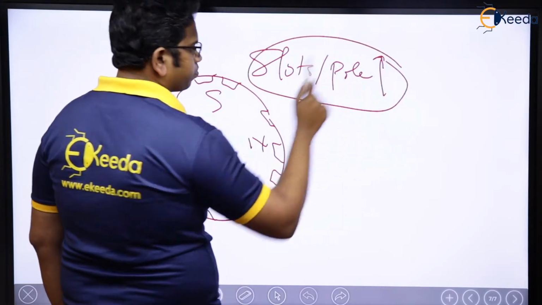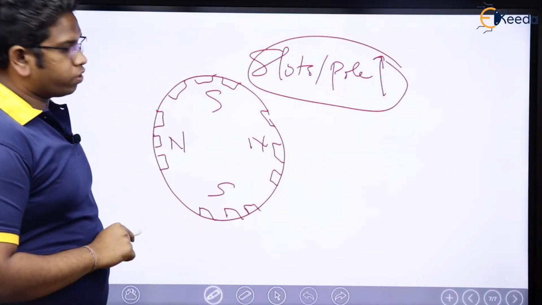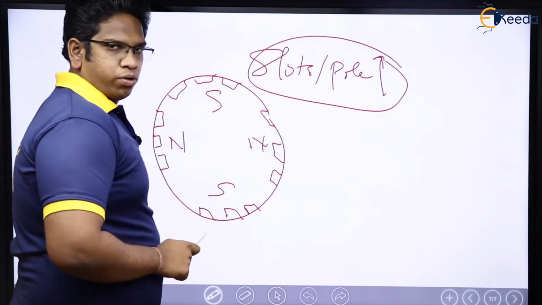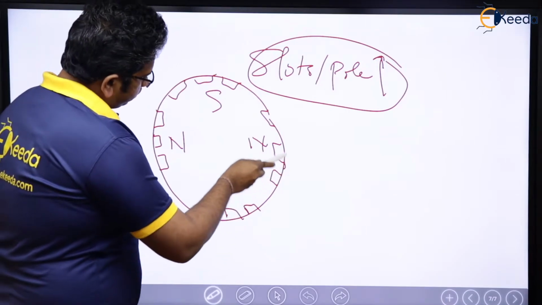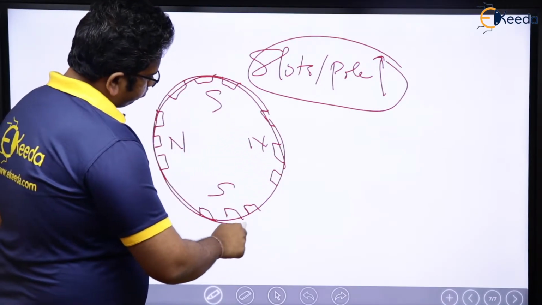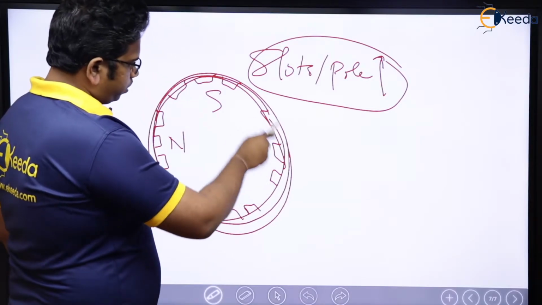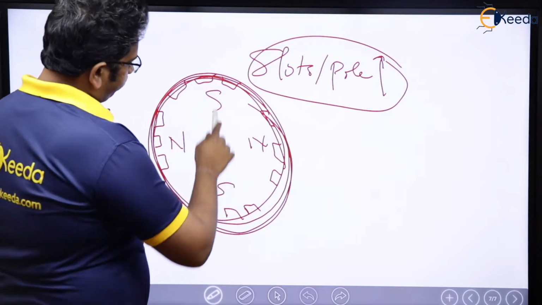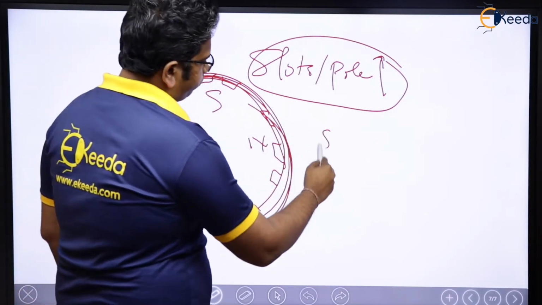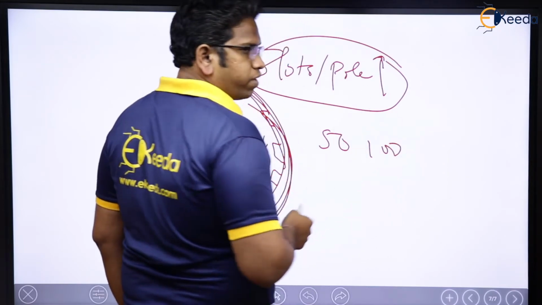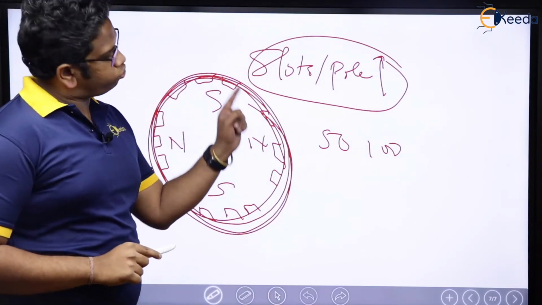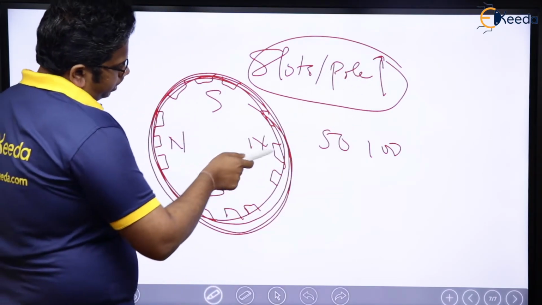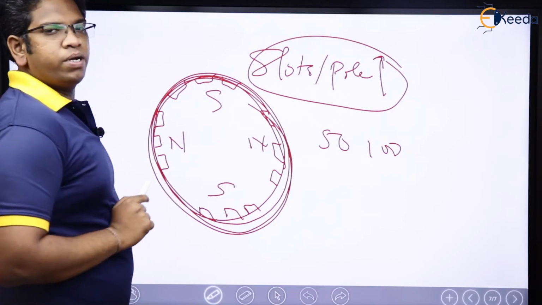But if you think of what is actually going to happen, when we are increasing slots per pole for the same structure, slots can be either 50 or 100 or so on. But when I say that slots per pole has to be increased, the number of poles that can be incorporated in the same area will be reduced.